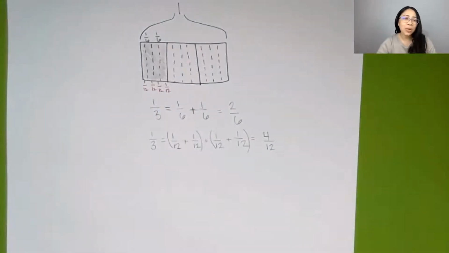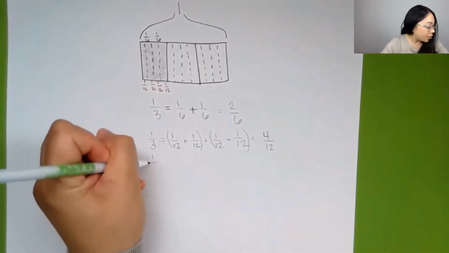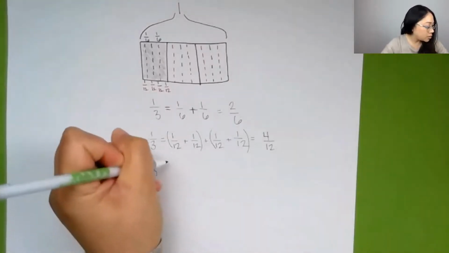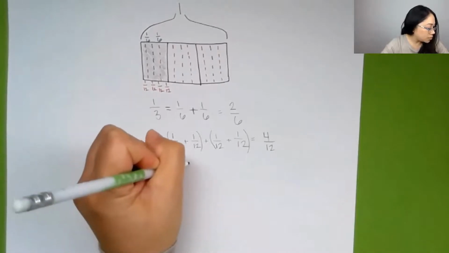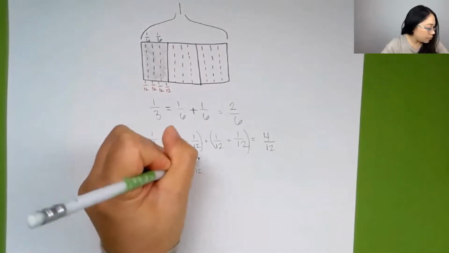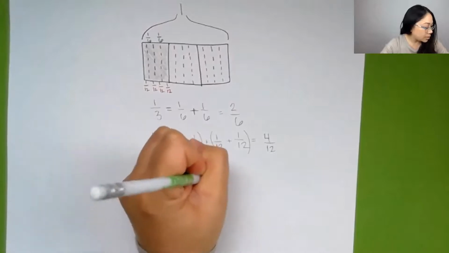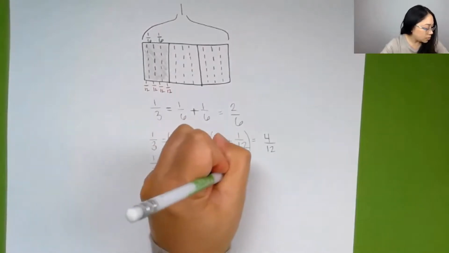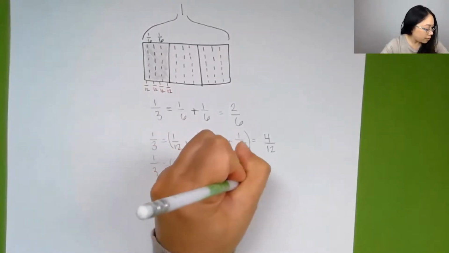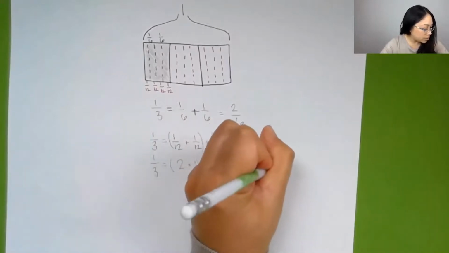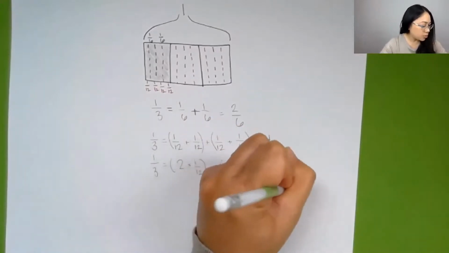Think, how can we represent this using multiplication? We could write 1/3 equals 2 times 1/12 plus 2 times 1/12, which equals 4/12.